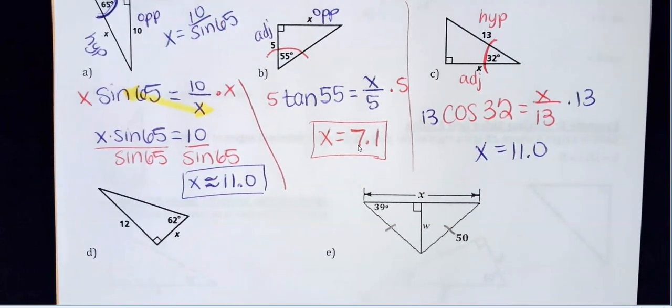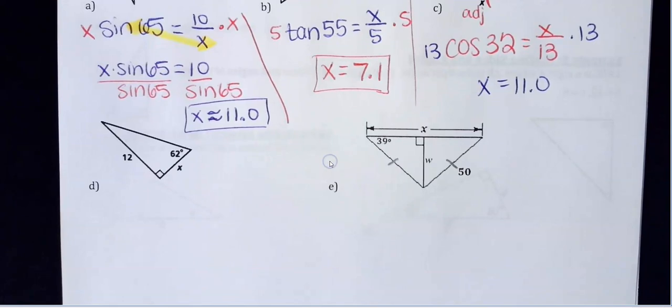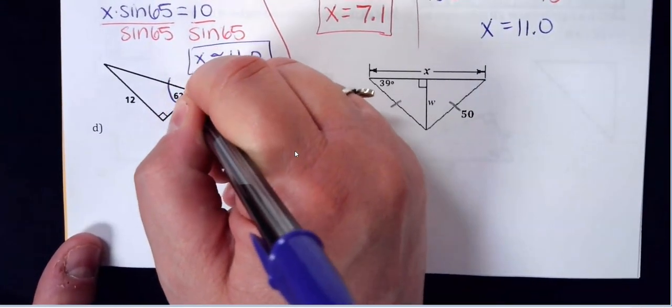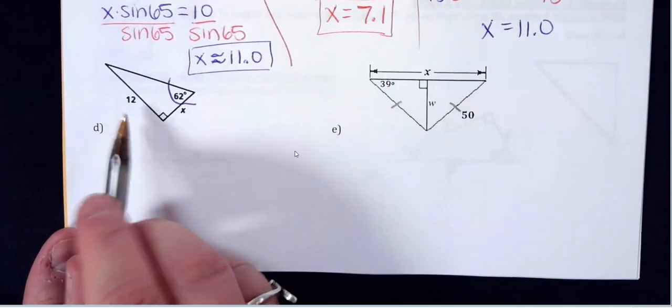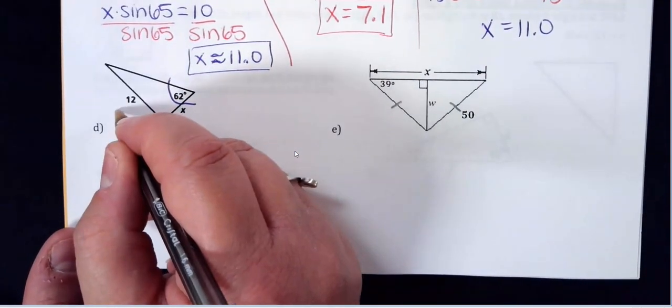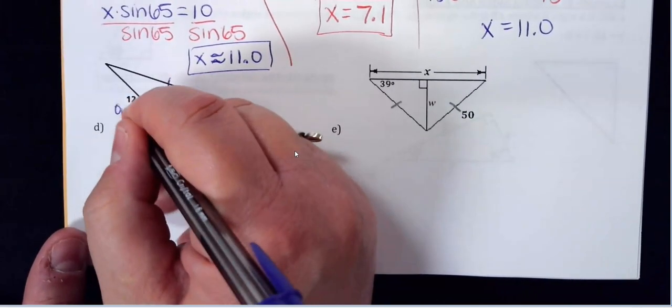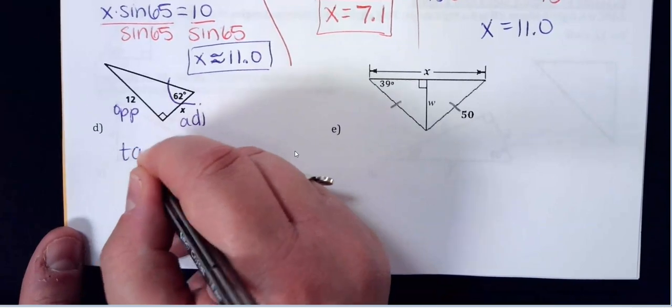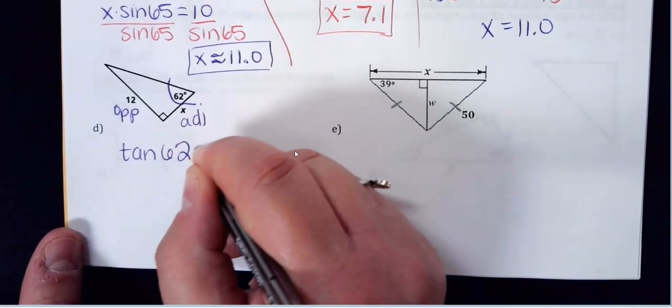Now I've got one more, and then I have kind of a complicated diagram at the end here. I've got a 62-degree angle. How is the 12 related to that? Opposite. The x is the adjacent, though. So this is going to be tangent 62, 12 over x.